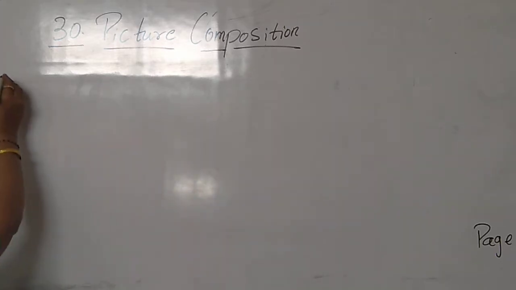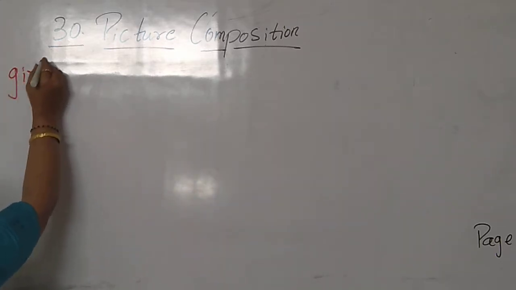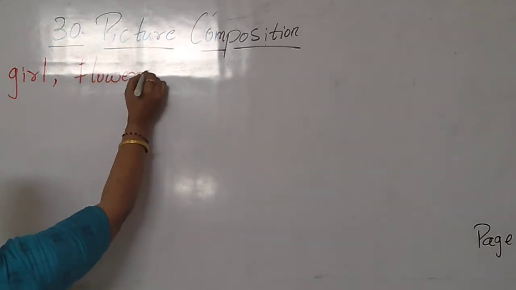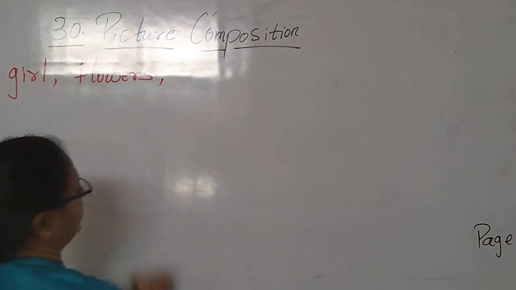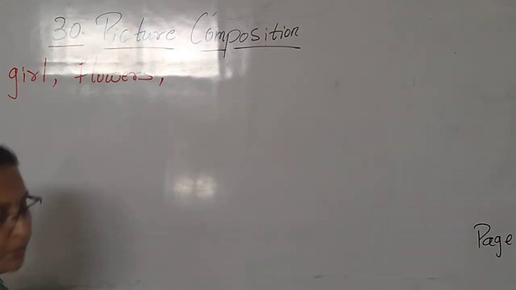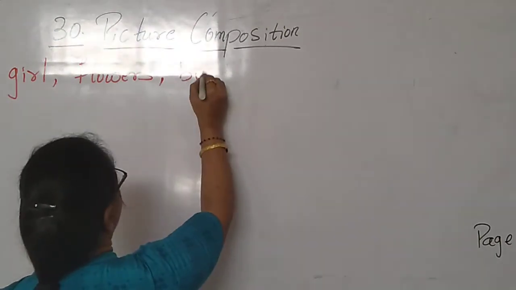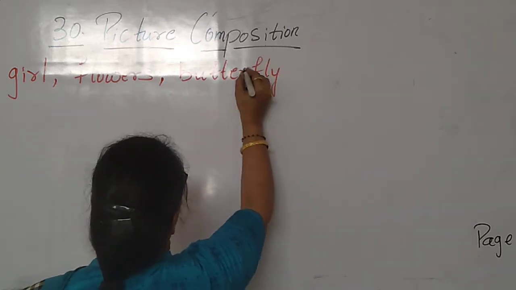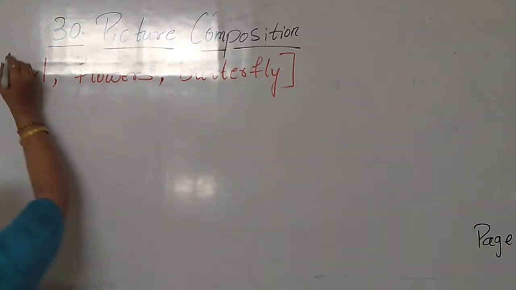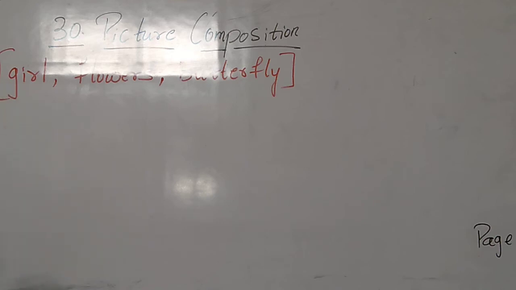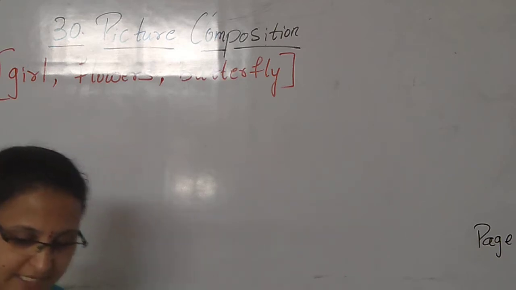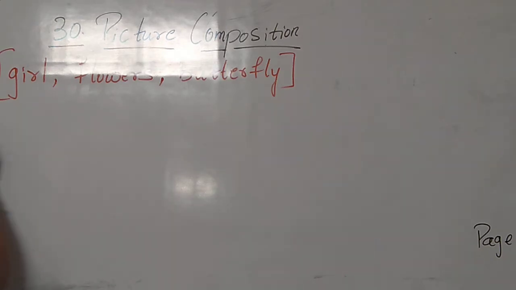They are given girl and then flowers. And the next is what there? The next is butterfly. These are the words. We have to use these words in the sentences.